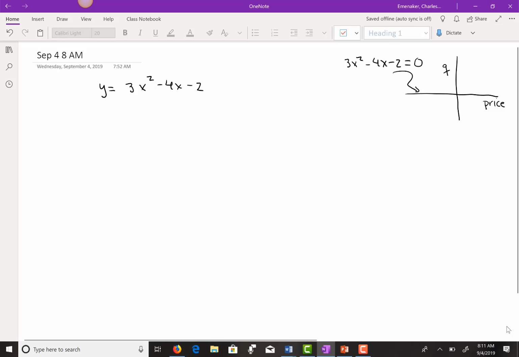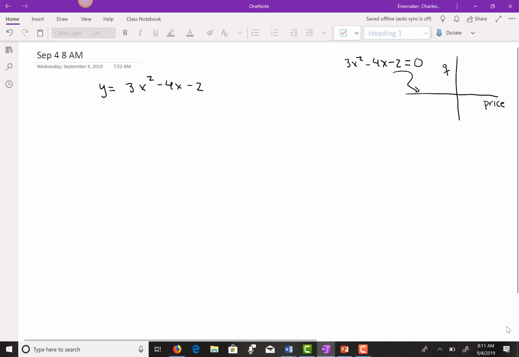All right, there are several ways to solve this thing. What's one way to solve 3x squared minus 4x minus 2 equals 0? There are a bunch of ways. What's one of them? Suppose your whole course grade rode on you solving that equation equal to 0 in the next 5 minutes.